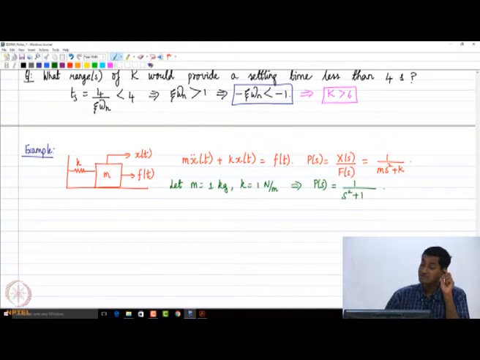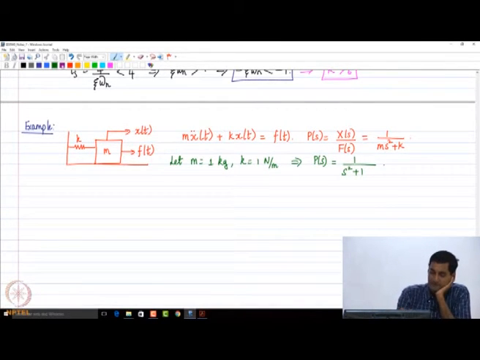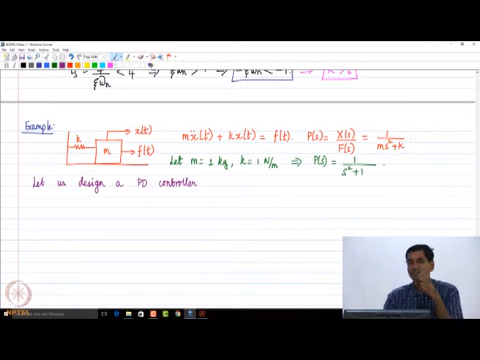So, we want to stabilize the system. Let us design a PD controller. If you recall, we did one problem like this: the proportional controller does not work.